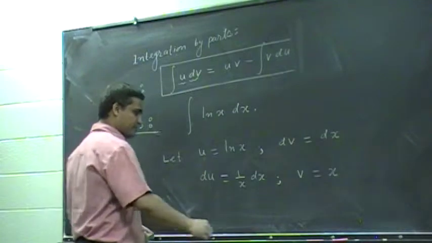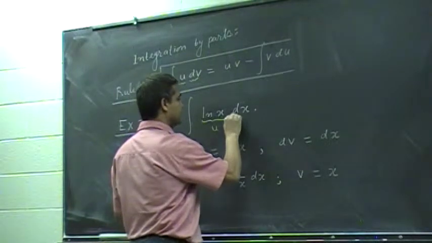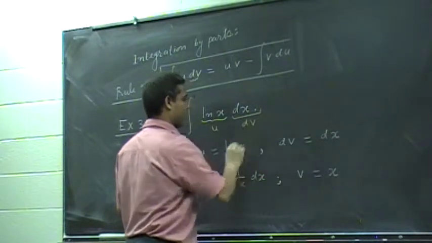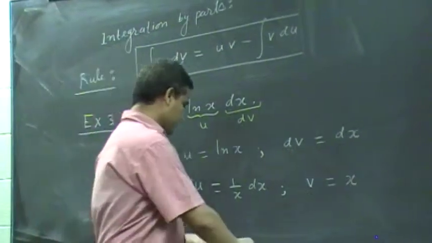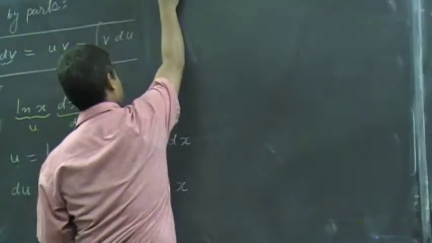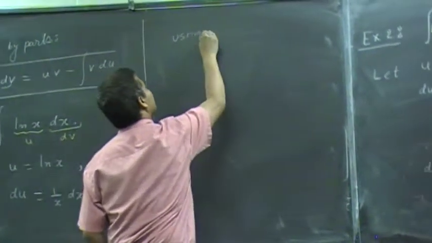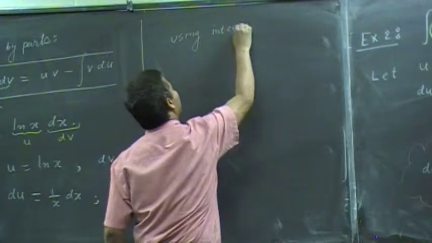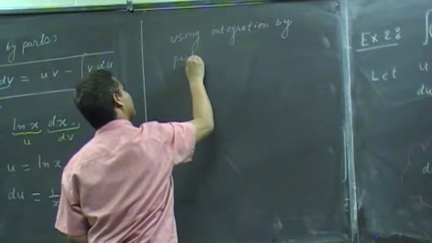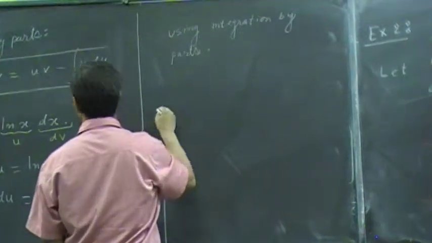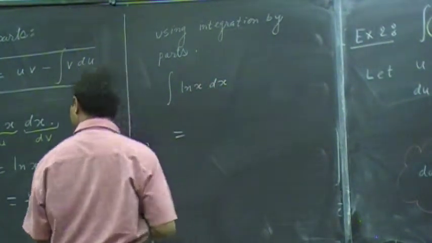Let's see what we have done here. This is u, this is dv, right? The integral of u times dv. So using integration by parts, the integral of natural log of x dx is u times v, right?